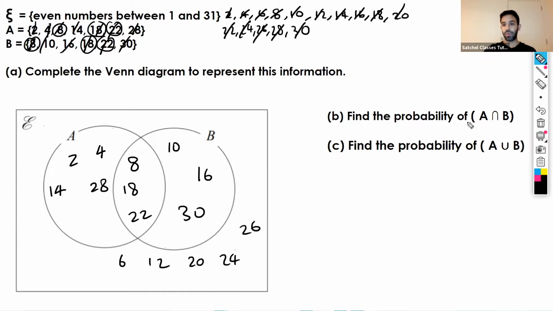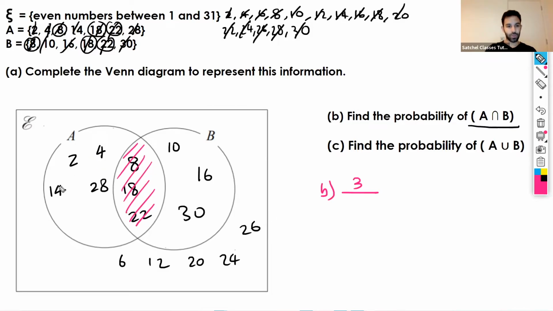Now it says find the probability of A and B. So earlier in the lesson, I showed you the region that is A and B. So the region that's the intersection of A and B is going to be this region here. If a number was chosen at random, the numbers that fall in this region are 8, 18, and 22. So that's 3 numbers out of a possible, how many numbers do we have?